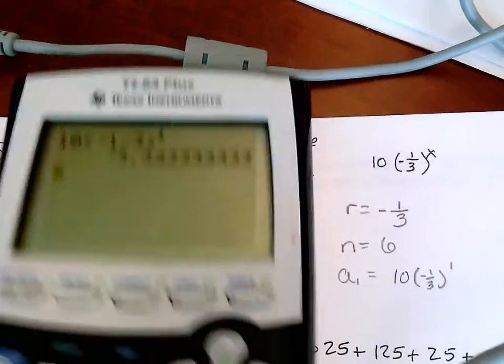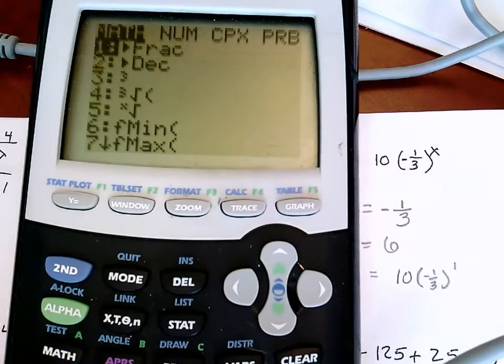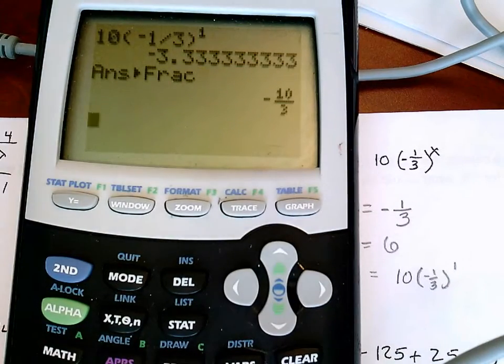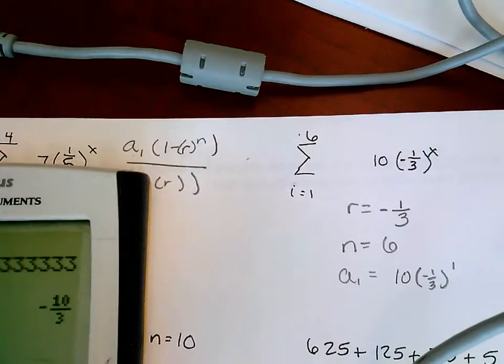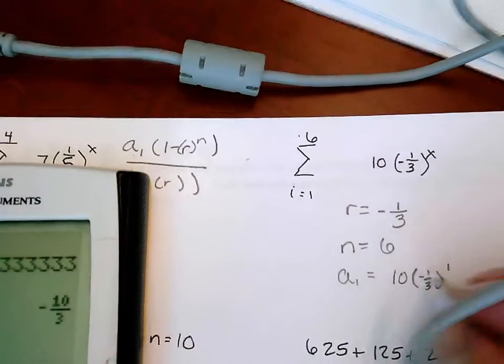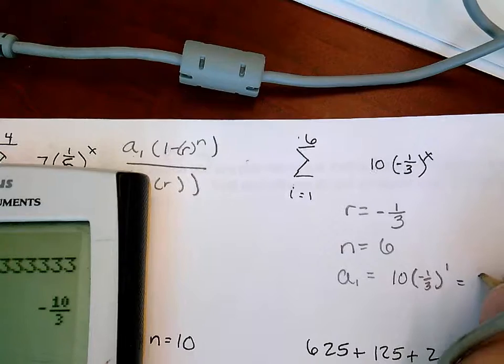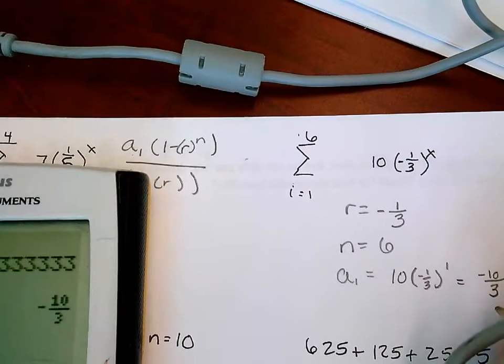Or if I hit math, enter, and enter again, it gives me negative 10/3. So my A1 is negative 10/3.